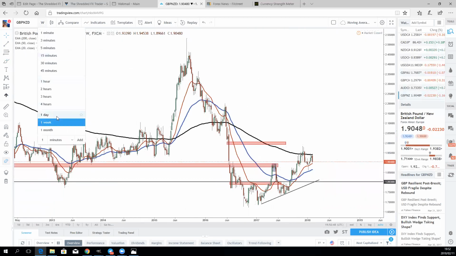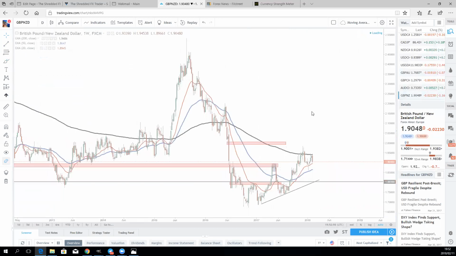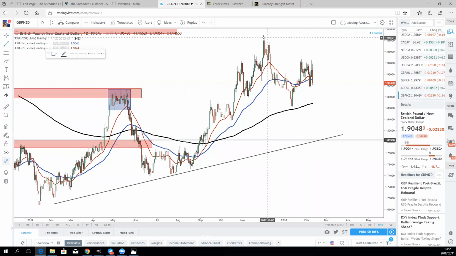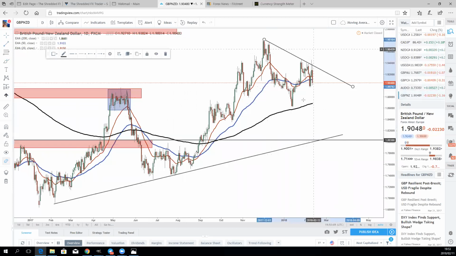However, if we go to the daily time frame, we'll see that has shifted, and now we've retested that level. So now keep an eye on this one for short positions this week.